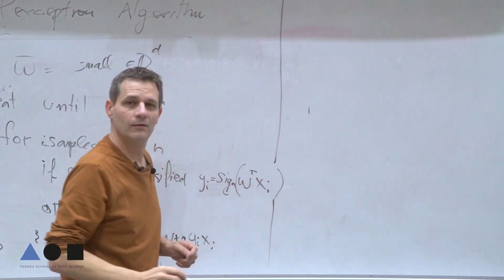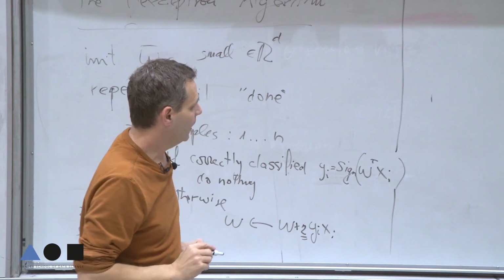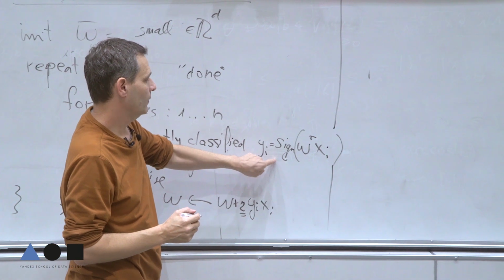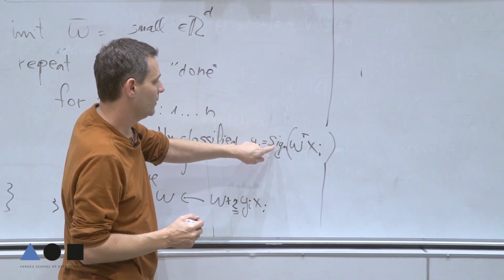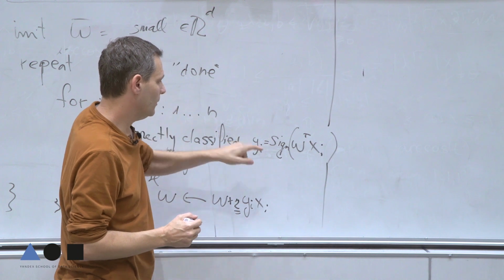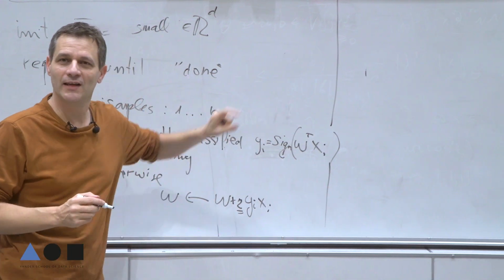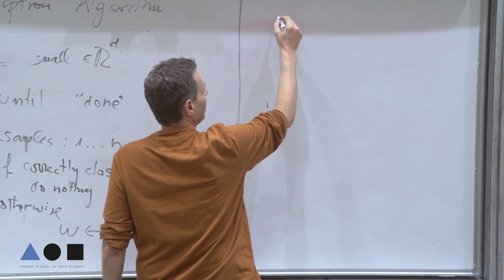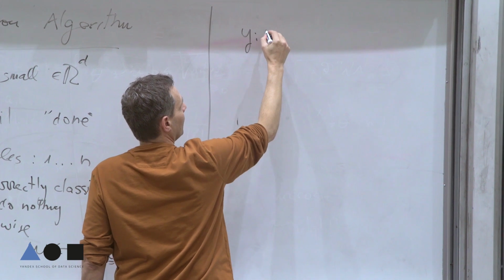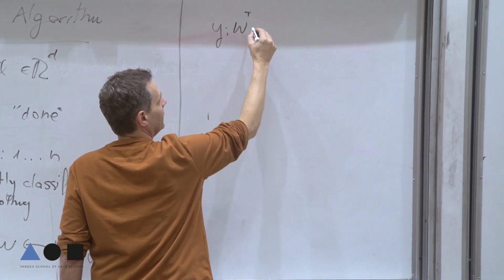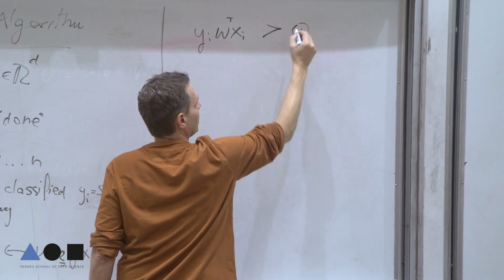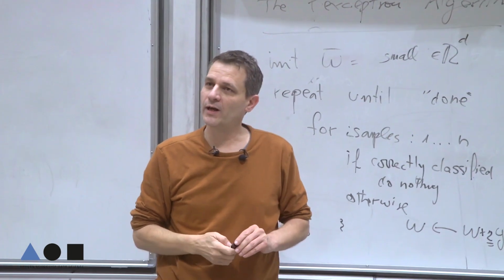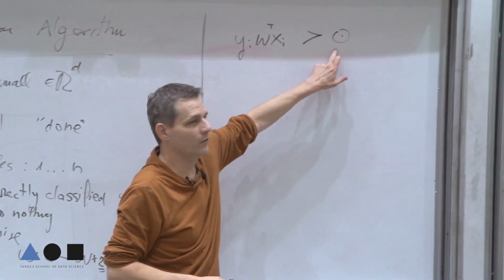If you've done that before, just tell me, OK? I'm going to tell you how you rewrite this, and then we're going to see that it works the same. You can look at it as the following question. You can check if yi W transpose xi is larger than 0.